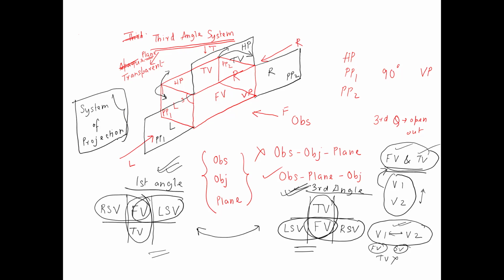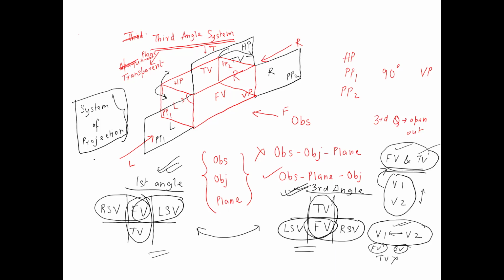But from now on, whenever you do any drawing on projection, you have to explicitly mention in that cell of the title block whether you have followed the first angle system of projection or the third angle system of projection. So how will you indicate? Will you write first angle system or third angle system in words?